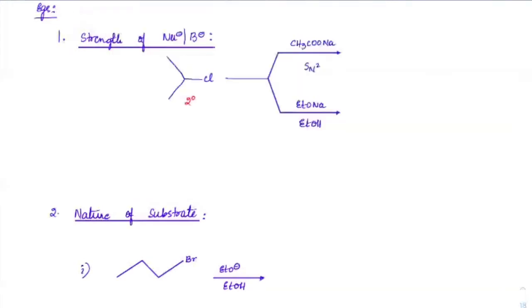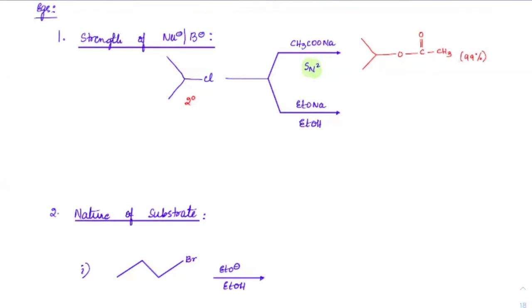If this 2-degree alkyl halide is being treated with the acetate ion, and we just checked that acetate always favors SN2. So you can see it is favoring SN2 here. So the major product will always be SN2. Experimentally, it has been observed that this ester formation, O C double bond O CH3, is 99%, which itself shows that it is highly favoring SN2.